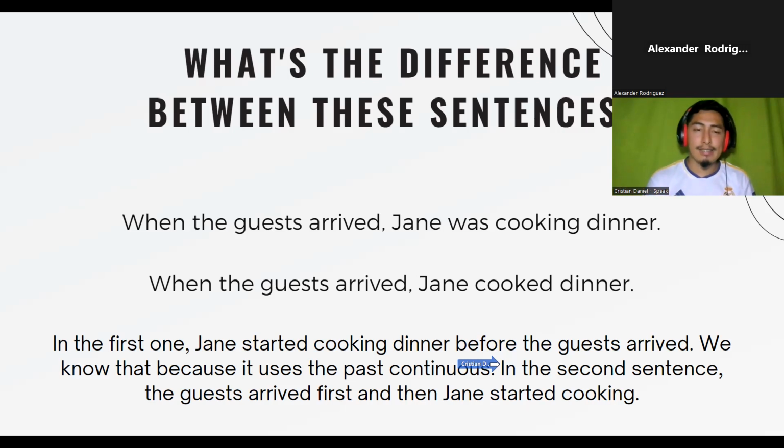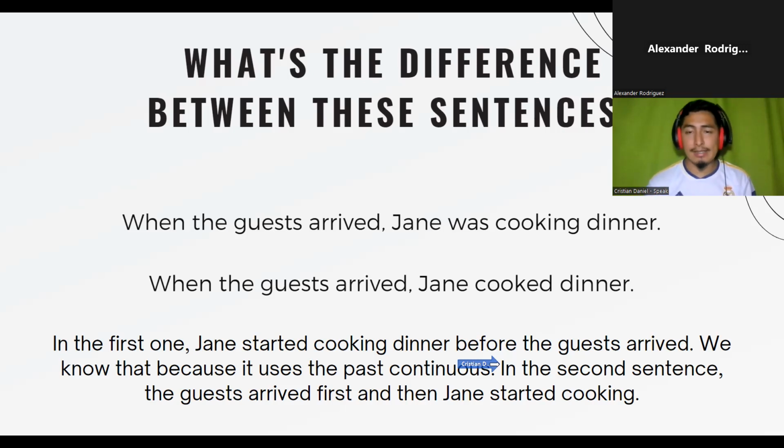First, the guests arrived in the second sentence. Next thing that happened, Jane started cooking. So as you see, in the first sentence, as you mentioned, the action was in progress and the other one came in the middle of the action and interrupted, okay?